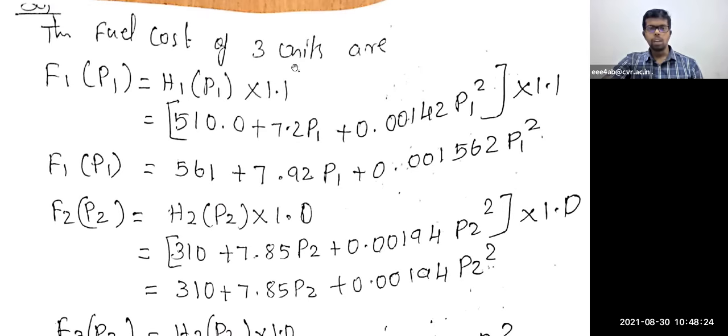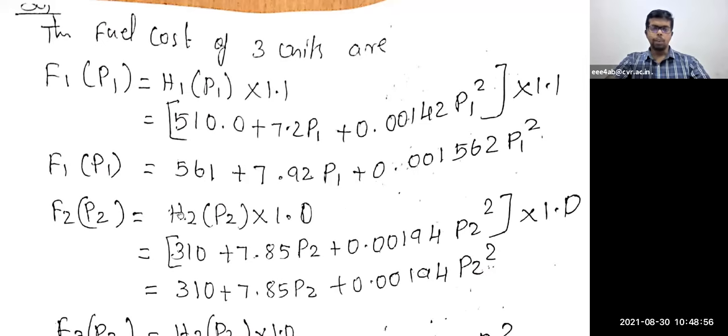Whatever equation is given, H1 into the fuel cost 1.1, which gives F1 of P1 is equal to 561 plus 7.92 P1 plus 0.00156 P1 square.